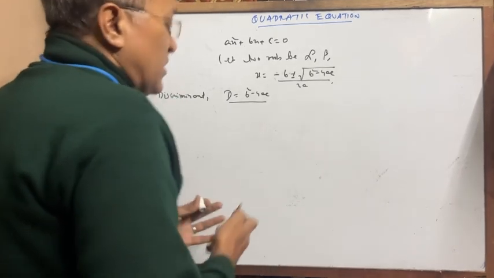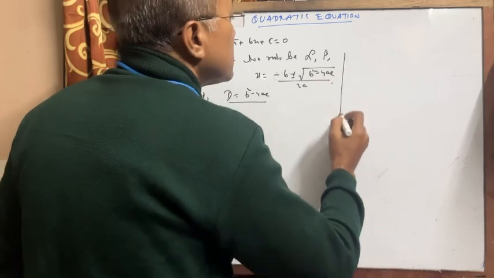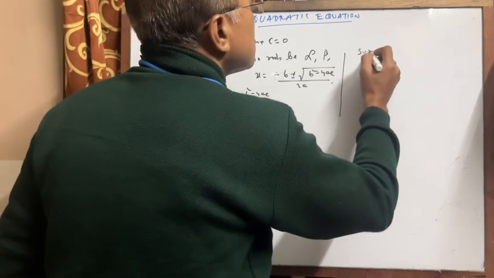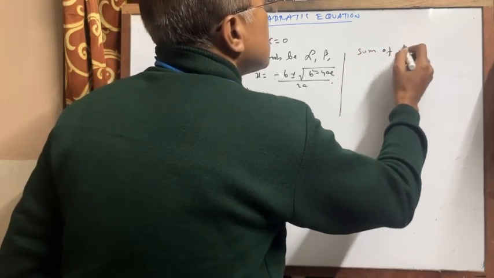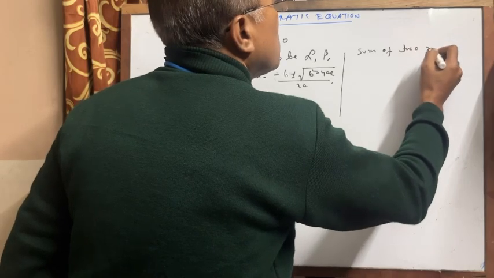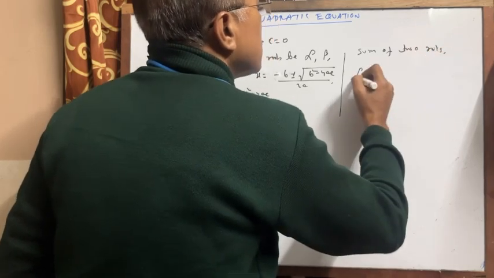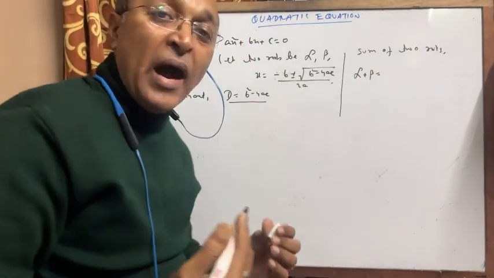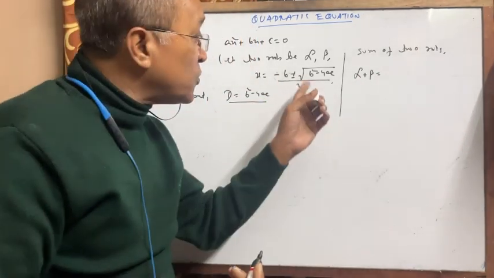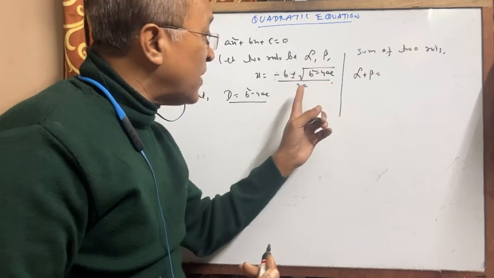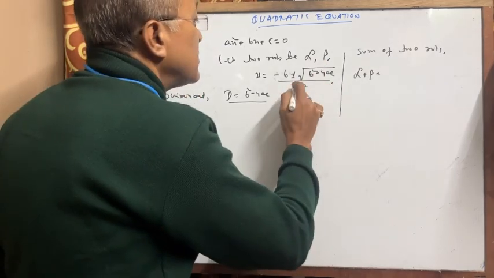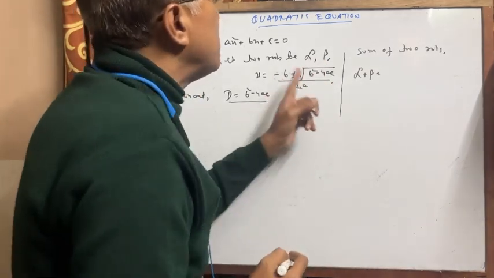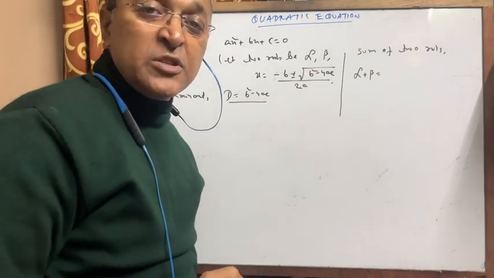Another important point that you have to remember is the sum of two roots. Sum of two roots, alpha plus beta. Alpha is minus b plus root over b square minus 4ac by 2a, and beta is minus b minus root over b square minus 4ac by 2a.